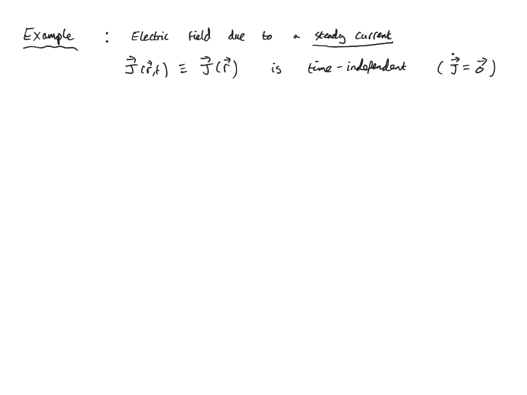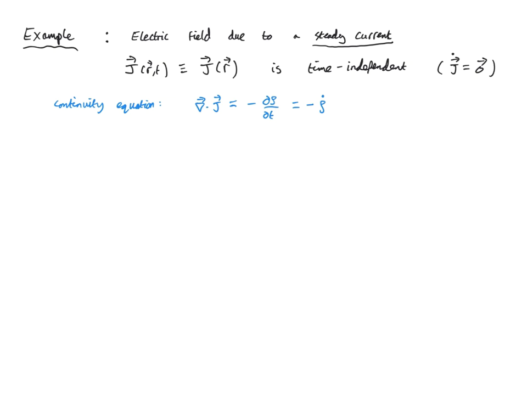So first of all, let's start from the continuity equation for the conservation of charge, which always holds. And we know that the divergence of the current is minus d rho by dt, where rho is the charge density, and I'll just write that right-hand side here as minus rho dot, the time derivative.